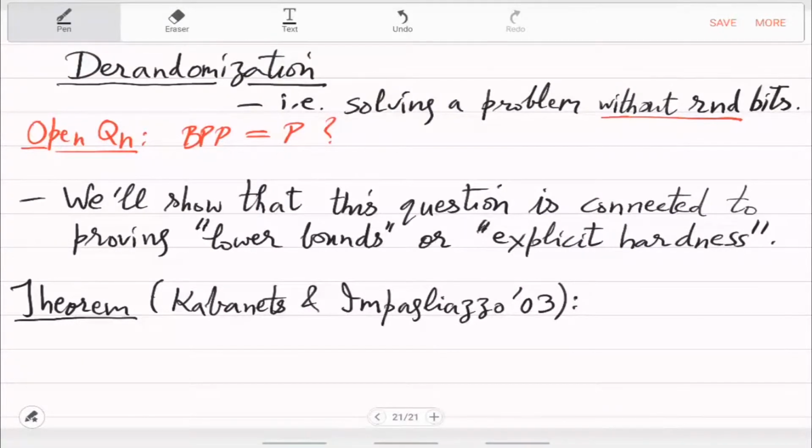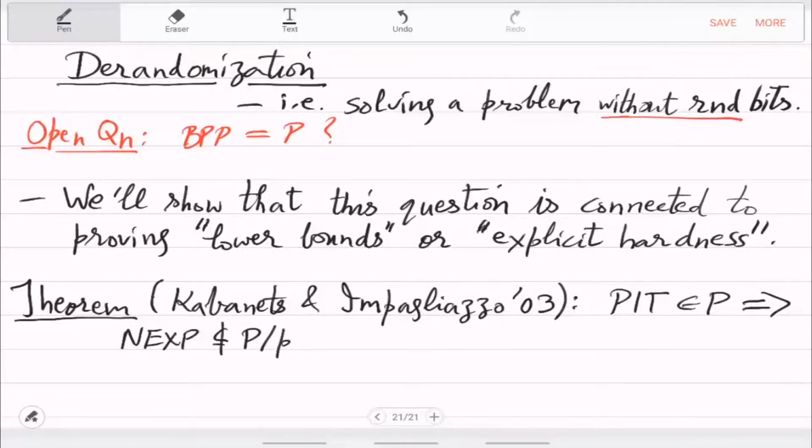They showed that if you prove PIT is in P, so if you find an algorithm for PIT which is fast and de-randomized, then either NEXP is not in P/poly, so either this very big class NEXP, non-deterministic exponential time solvable problems, will not have small circuits, or this polynomial called the permanent will not have small arithmetic circuits.